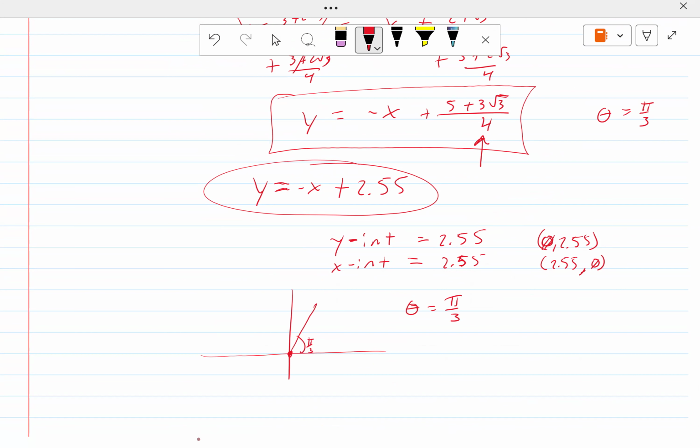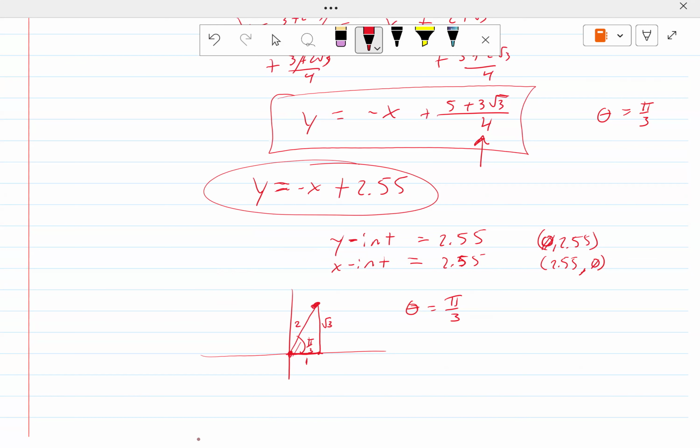The problem is I need another point on that line in order to draw the equation of the line. We could use the fact that this is a 30-60-90 triangle, and that this would be 1, this would be 2, and this would be radical 3.